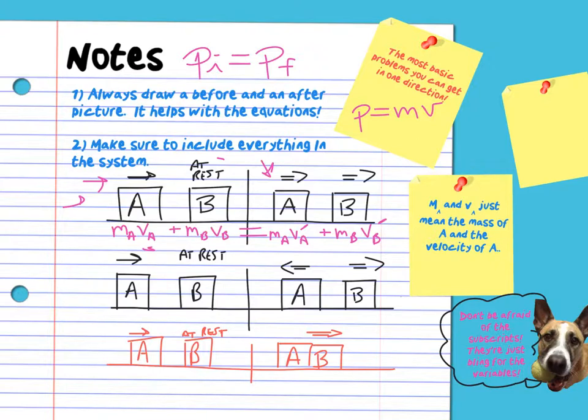Okay, so what is the P initial, or what's the initial momentum of the system before? Oh, all right, well, seems to me like we are going to write the same equation.